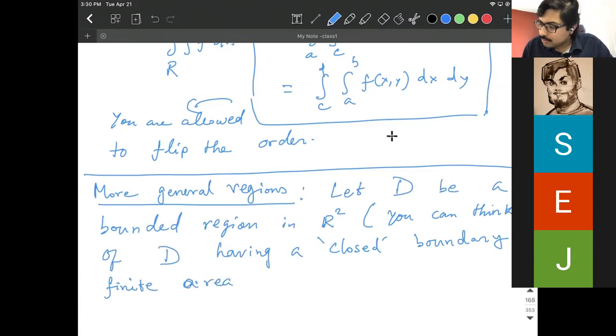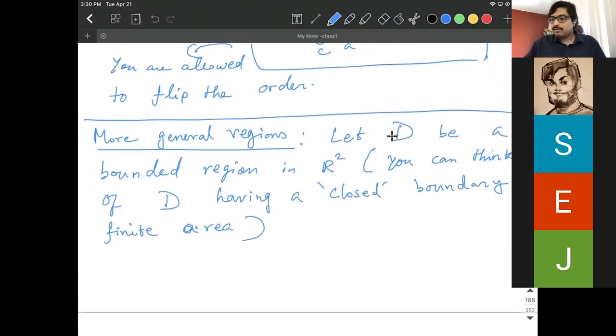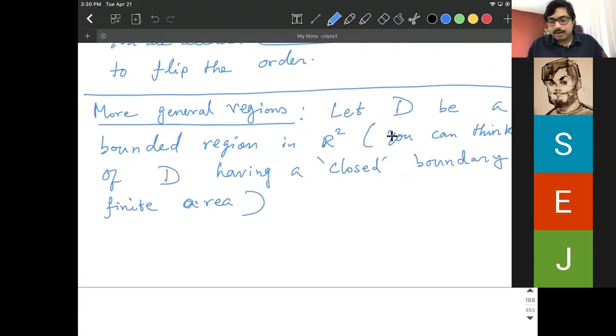Okay, so we don't want D to have infinite areas. We don't want D to be too general in that sense. So we want to have a finite region, having finite area, and it has a closed boundary.